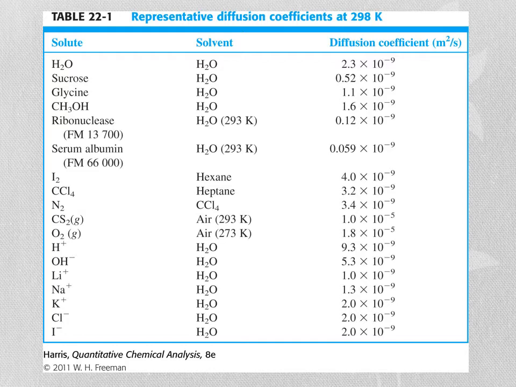If I was looking at sugars, for example, sucrose in water, then I have a diffusion coefficient of 0.52 times 10 to the minus 9, in units of meters squared per second. So you expect to have a wider peak for a larger diffusion coefficient just because it means that per unit of time, the area is expanding greater.